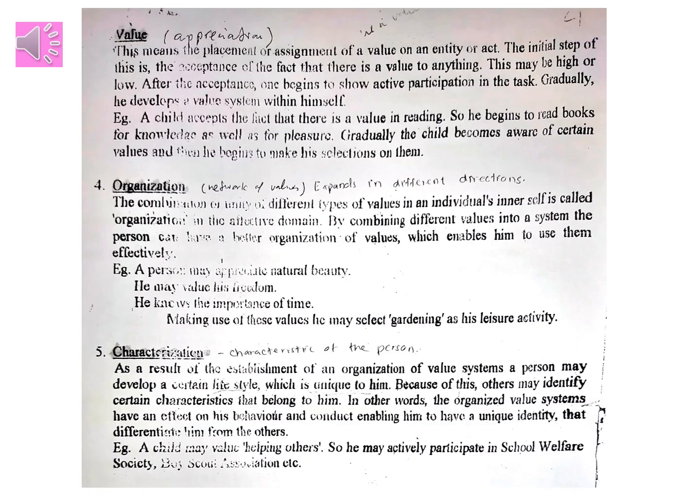The third step in Krathwohl's taxonomy is value. This means the placement or assignment of a value on an entity or an act, right? You place a value, you appreciate the importance of doing the task. The initial step of this is the acceptance of the fact that there is a value to anything, right?